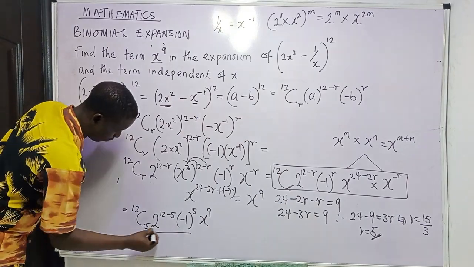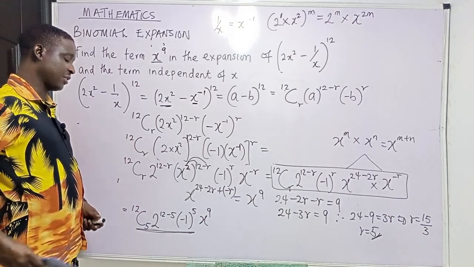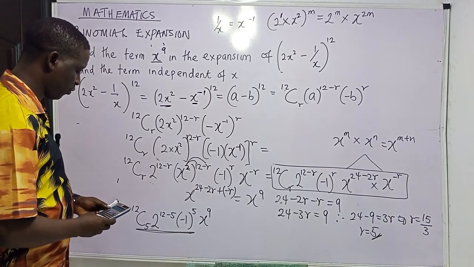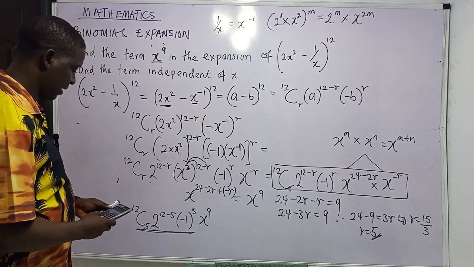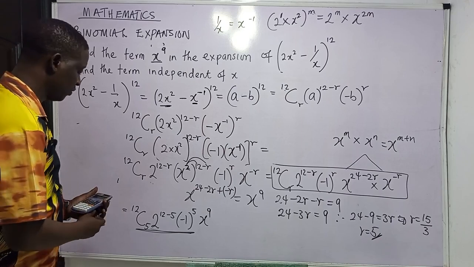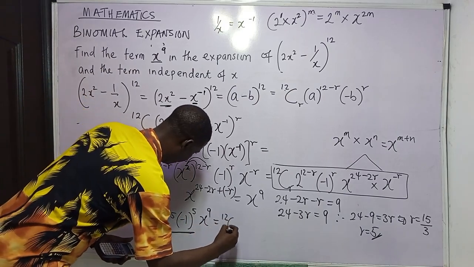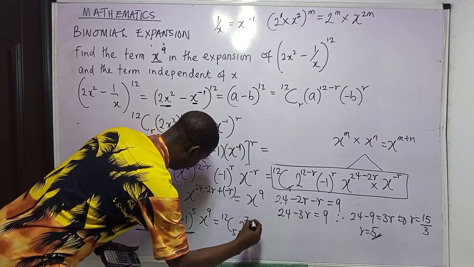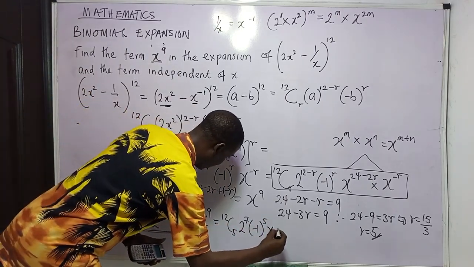So now we press our calculator to know what that will give us. 12 combination 5, times 2 raised to power 7, then minus 1 raised to power 5, then x to the power 9.